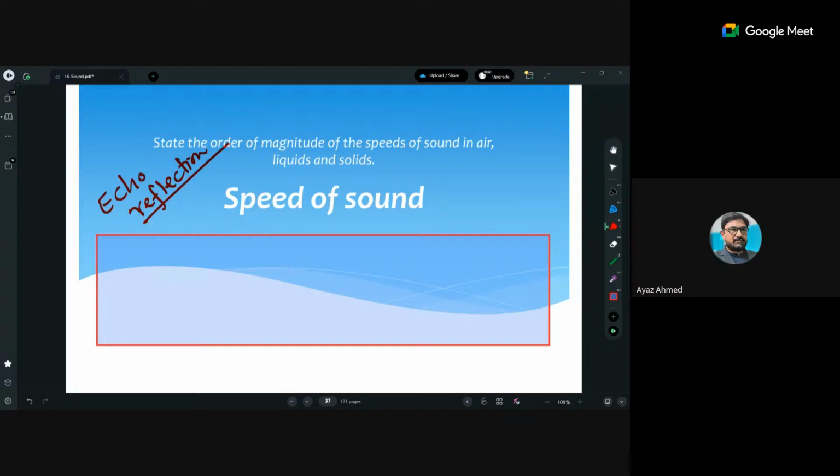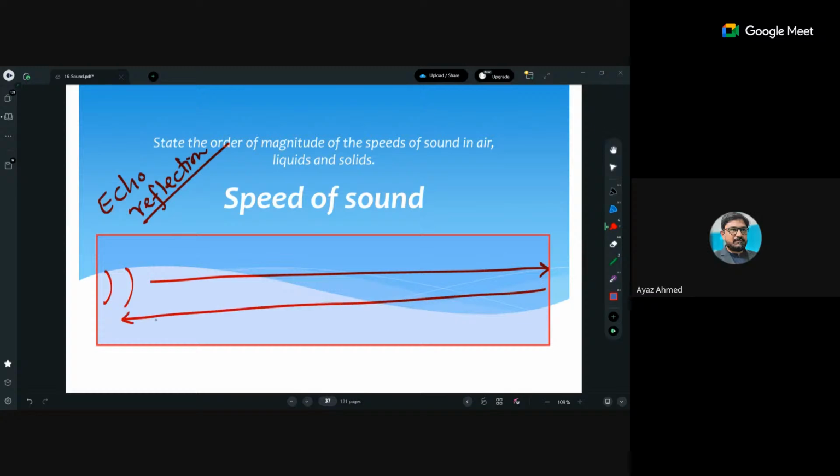So the echo or reflection method is one in which sound is produced from one source and reflects back. It travels a distance d1 to the wall, and comes back by traveling a distance d2. The time lapse between these two is measured. This is the time taken. So the speed is equal to d1 plus d2 divided by time taken.